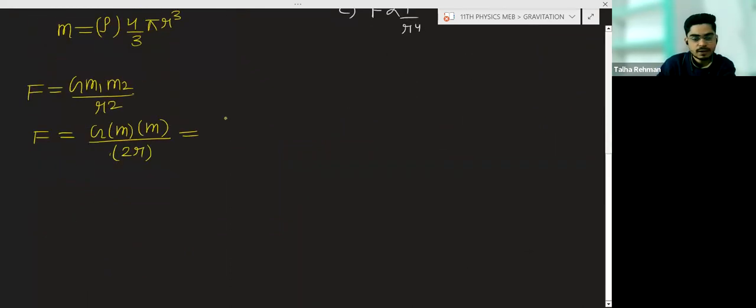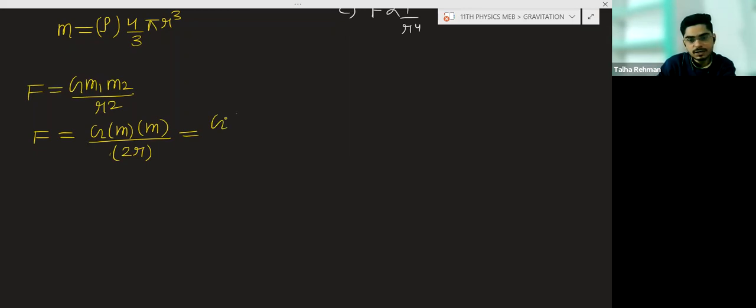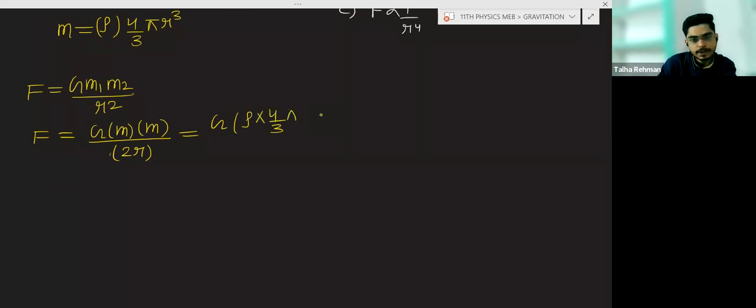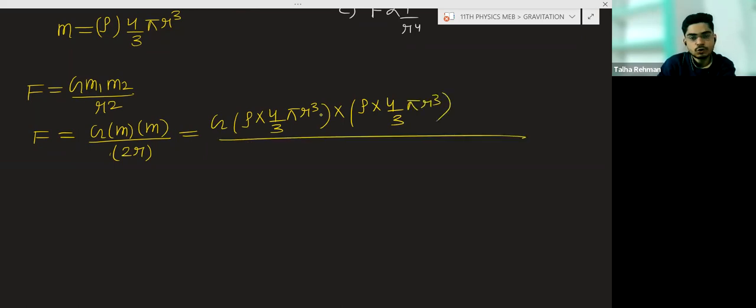And this will become G into m. What is m? m is density rho into 4 upon 3 pi r cube, and again multiplied by the same thing, density into 4 upon 3 pi r cube, divided by 2r squared. So what will we get?